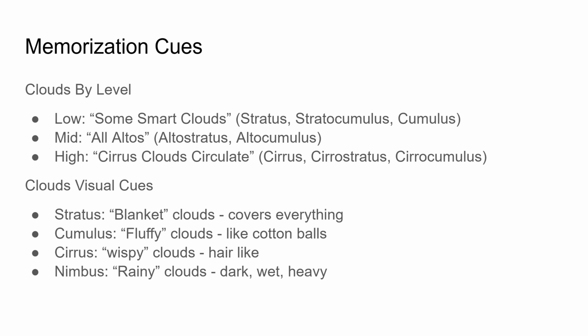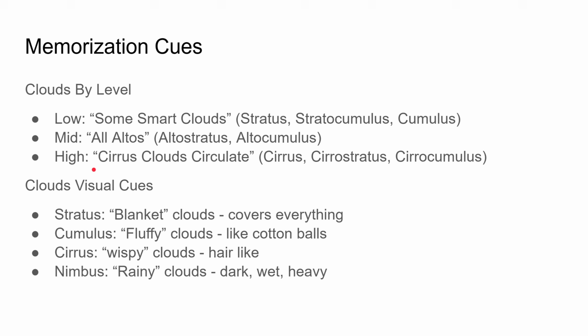Okay. So a little memorization cues to help you remember all the clouds because I know we went over like a lot. Okay, so clouds by level. For the low clouds, you can remember like some smart clouds. Stratus, stratocumulus, and cumulus. Okay. For the mid-level, all altos. Altostratus and altocumulus.